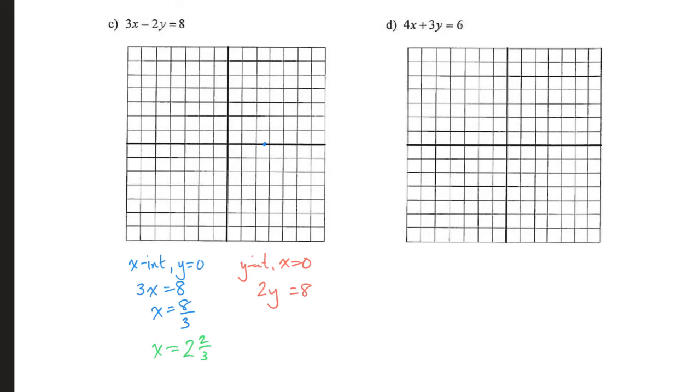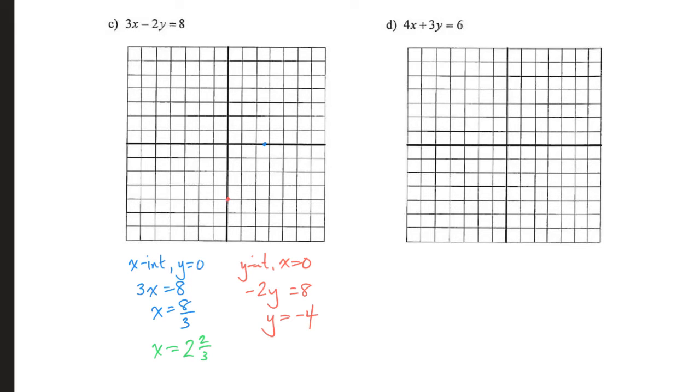If I sub in x equals 0, that's going to wipe out that term. That doesn't change the fact that my y term is negative. So now that equation is correct: -2y equals 8, and therefore y equals -4.